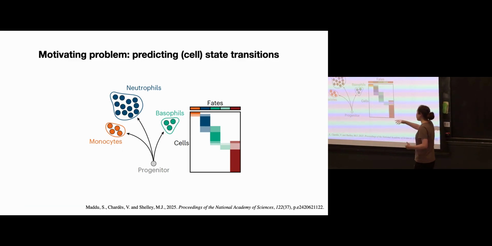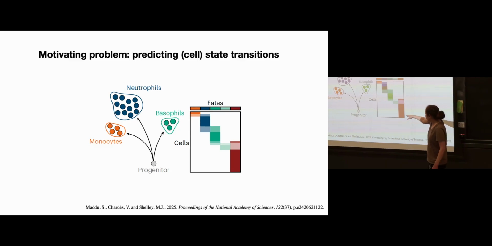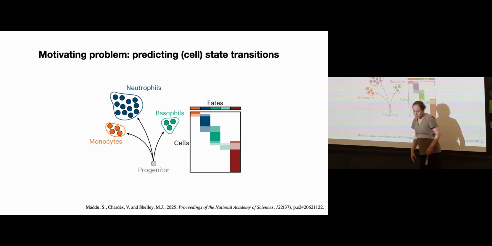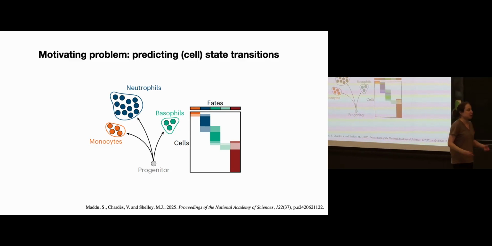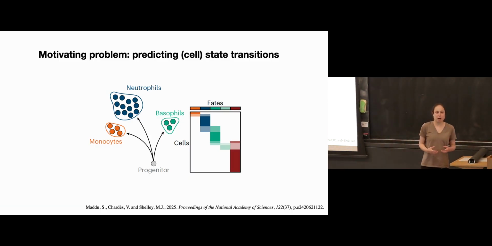So this guy here, importantly, this progenitor here, is not just a single monolithic identical cell. There's small differences in different numbers of proteins, mRNAs, and other chemical constituents of this cell, right?